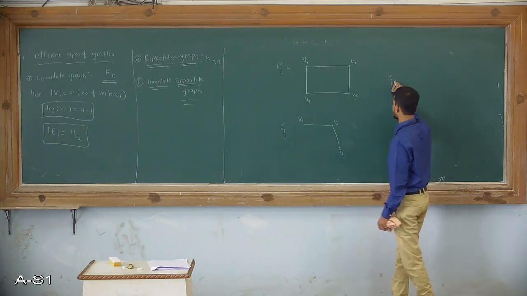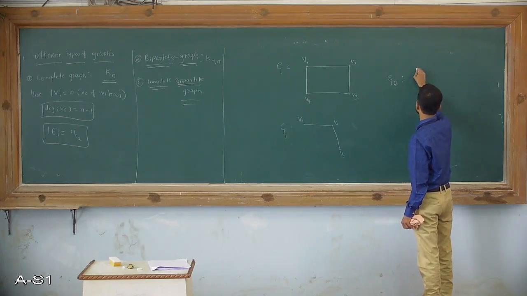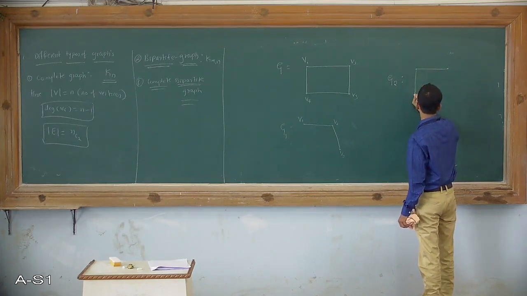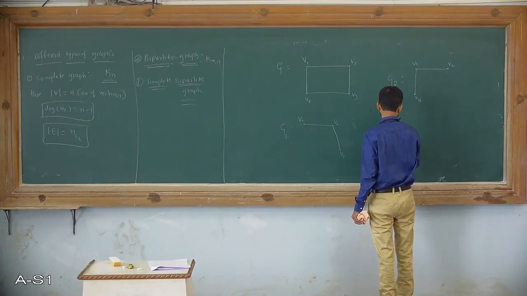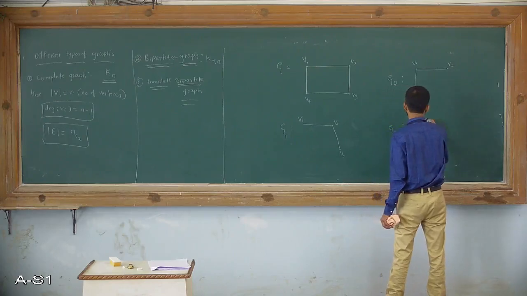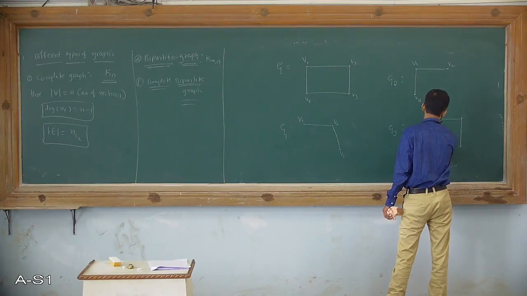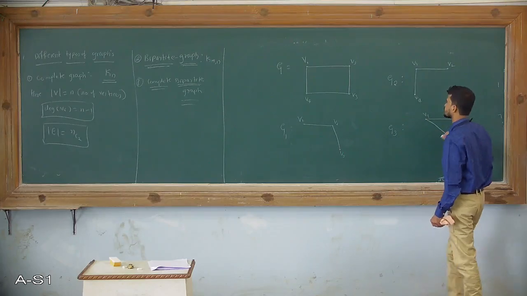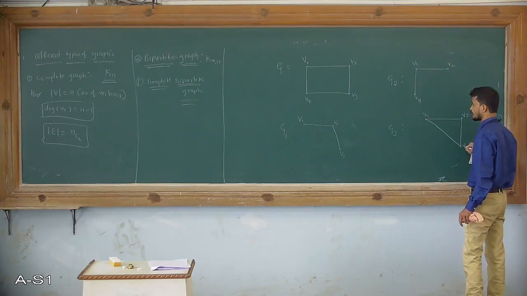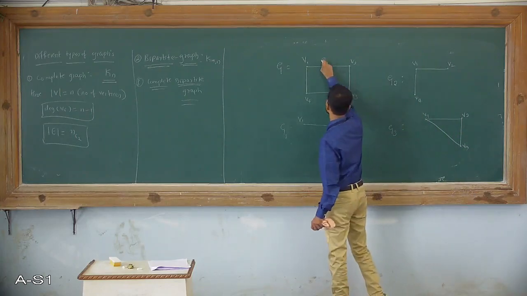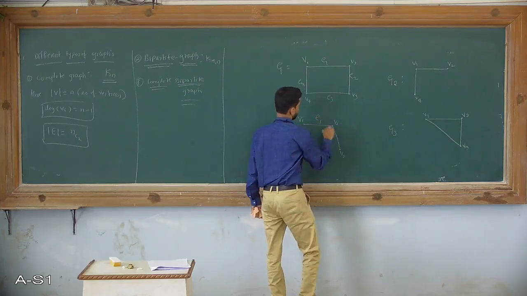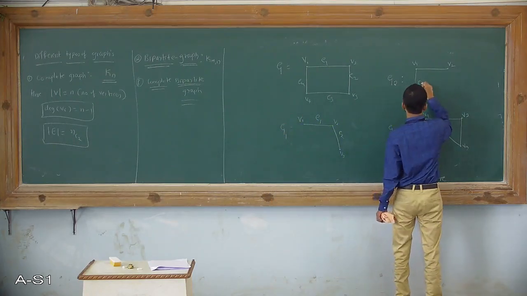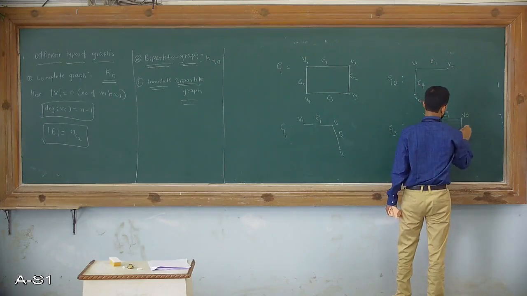I will consider one more graph, G2, with V1, V2 and V4. I will consider one more graph, G3, with V1, V2, V3. I will name these edges as E1, E2, E3, E4.